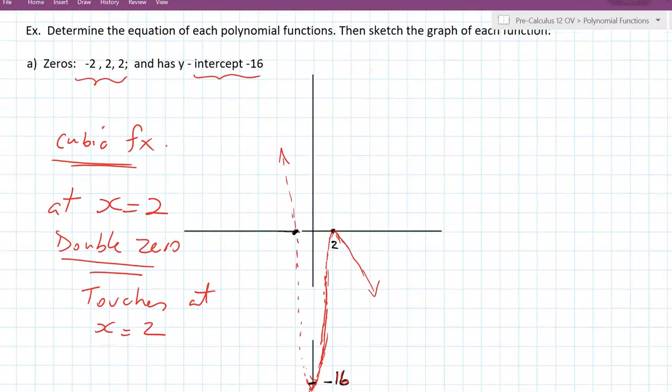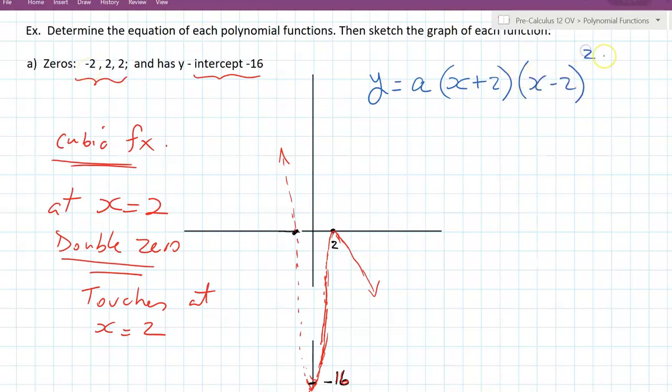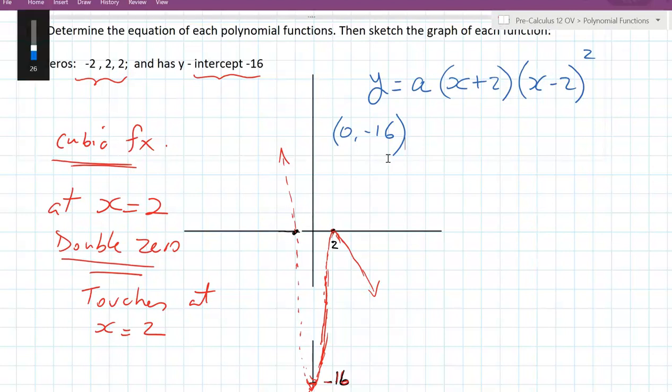The equation of this, we start with y equals a. The piece that we don't know is the leading coefficient, but everything else we do know. We're going to put it in factored form. So the factor for x equals -2 would be x plus 2, and then x minus 2 squared. We know the coordinate (0, -16) is on the graph, so we can plug that in and easily solve for a.